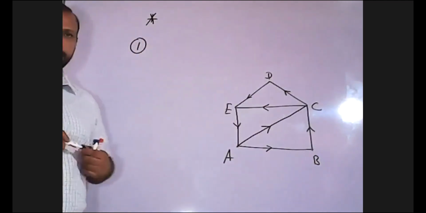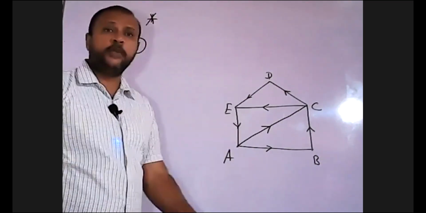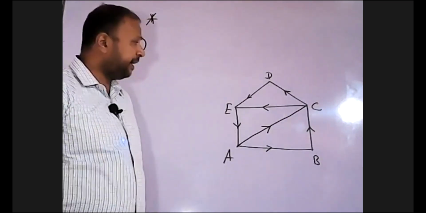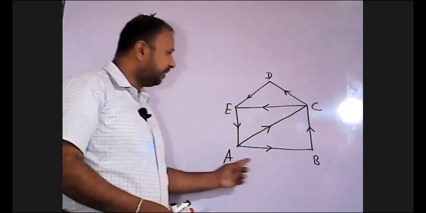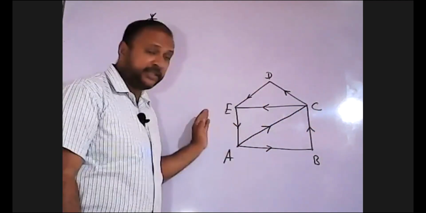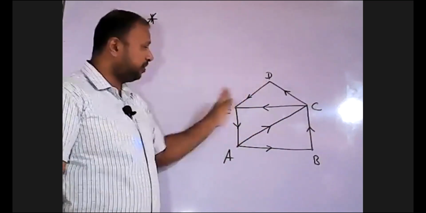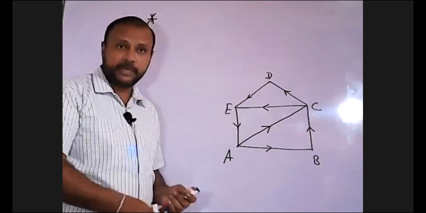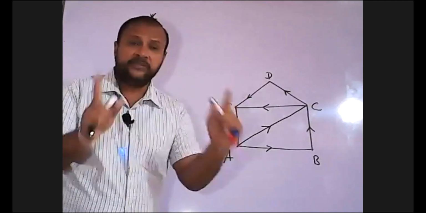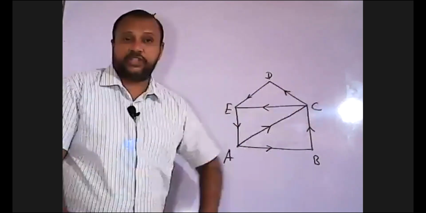Suppose you are given this kind of geometrical shape, and all the vectors in this vector system are represented in magnitude and direction using this diagram. That word should be there. All the vectors should be represented in magnitude and direction.